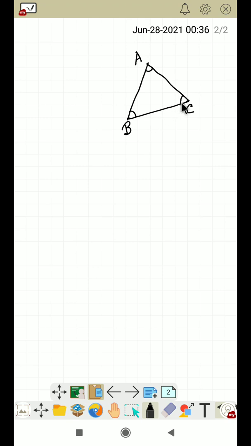And if you produce any side, so we are producing these sides, here it will make an angle. These angles are called exterior angles of the triangle.